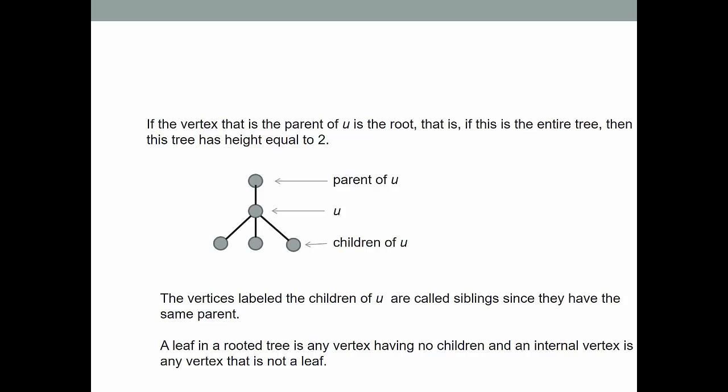In particular, let's say we look at vertex U in a rooted tree. Then the vertex above it is the parent, and that is its in degree 1. All the vertices at the next lower level that are its neighbors are called the children of U. Sometimes the children of the same parent are called siblings.